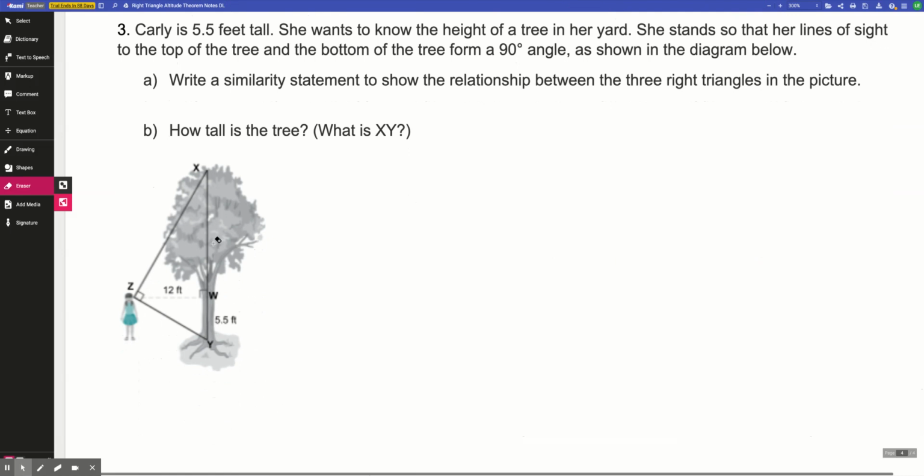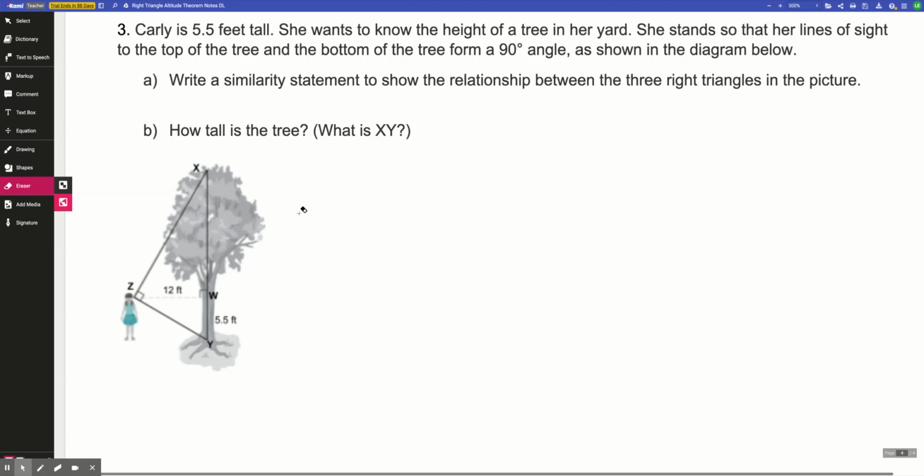So I have a couple of right triangles where I have my altitude drawn through. It just looks a little bit different because it's flipped on its side. We have this girl, she's 5.5 feet tall, and she's standing 12 feet away from the tree. We're going to use that to figure out how tall the tree is.